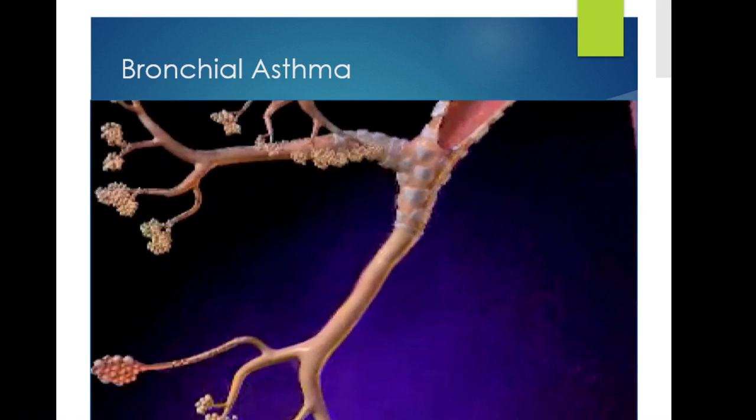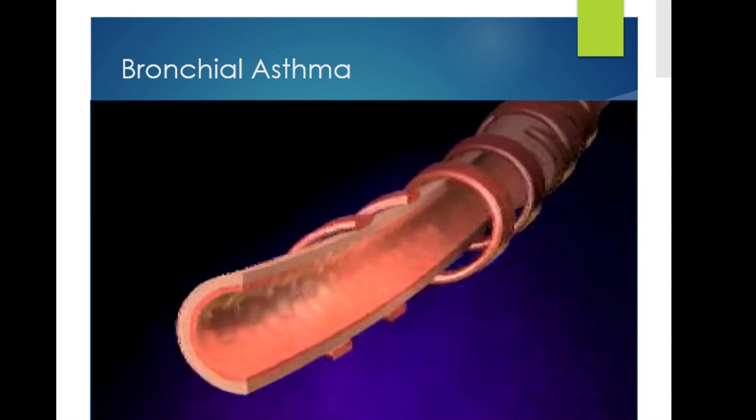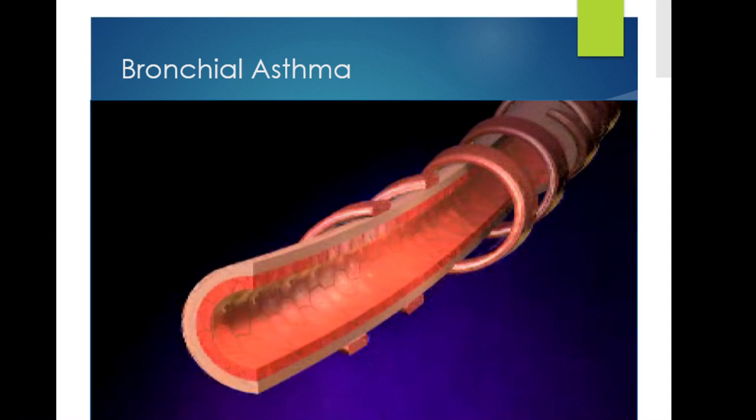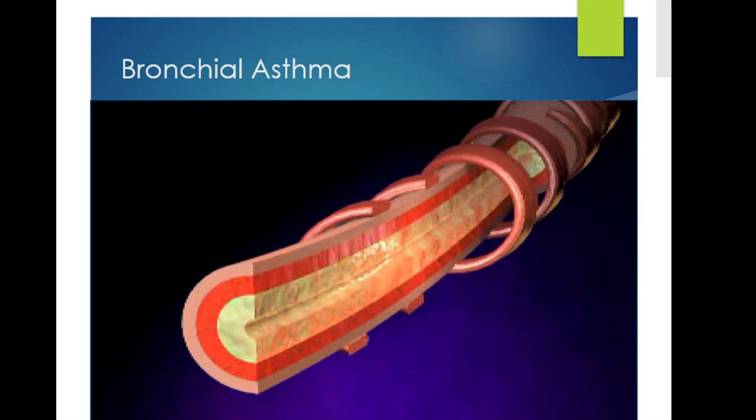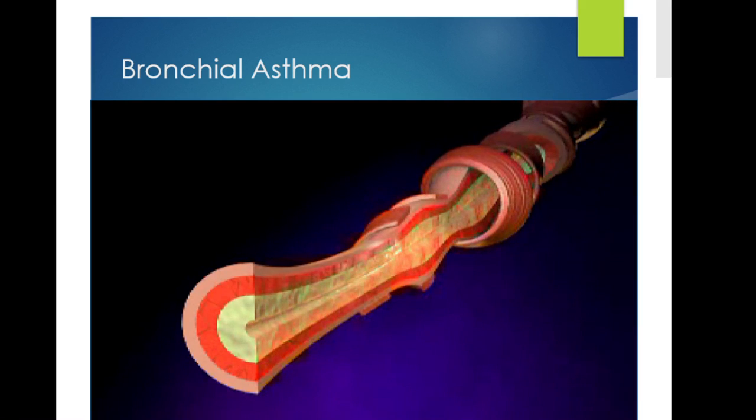Three changes occur inside the airways of the lungs in people with asthma. The first change is inflammation or swelling, whereby the airway becomes inflamed and produces a thick mucus. Inflammation then leads to constriction of the muscles around the airways, causing the airways to become narrow.